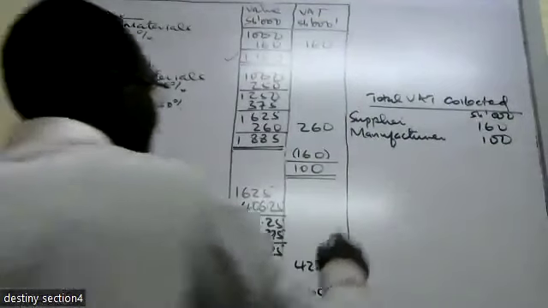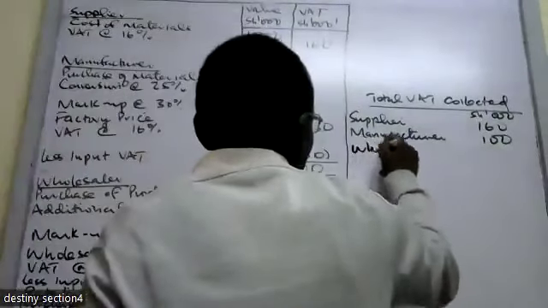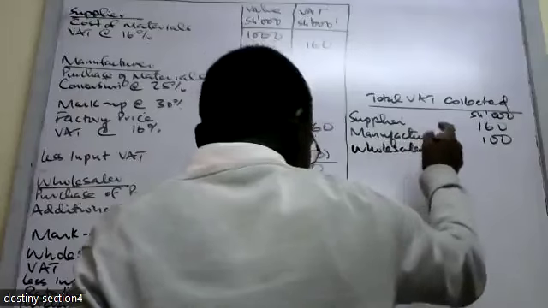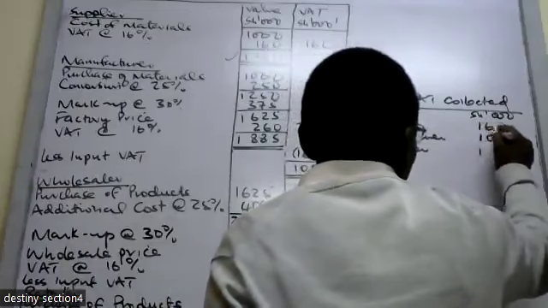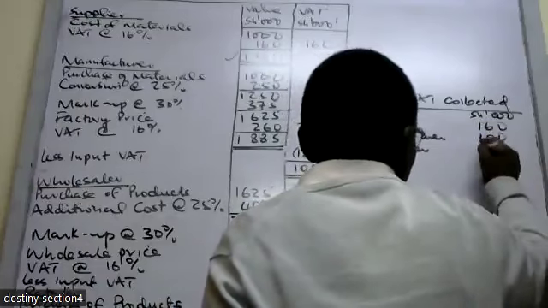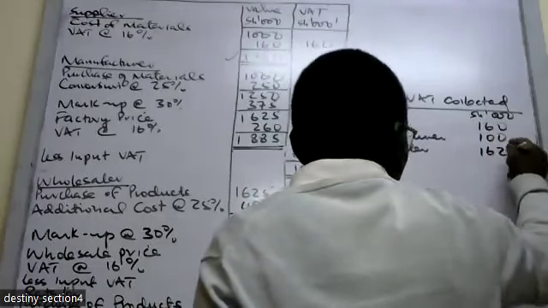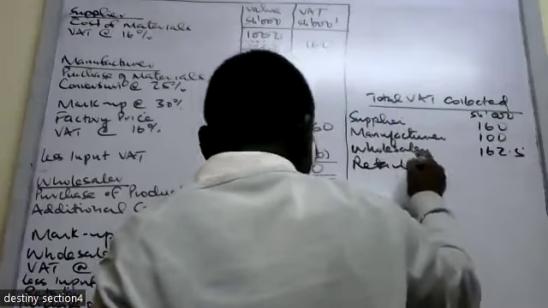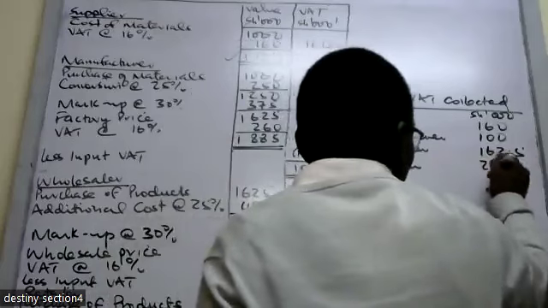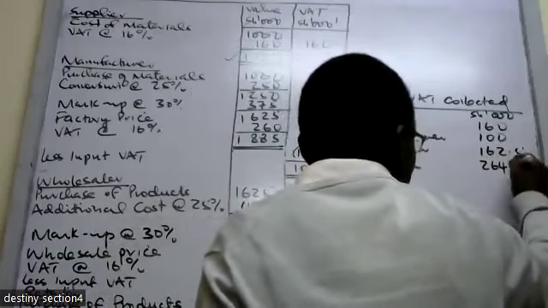Then who comes next? Wholesaler collected 162.5. Finally, the last stage, the retailer, now collects 264.062.